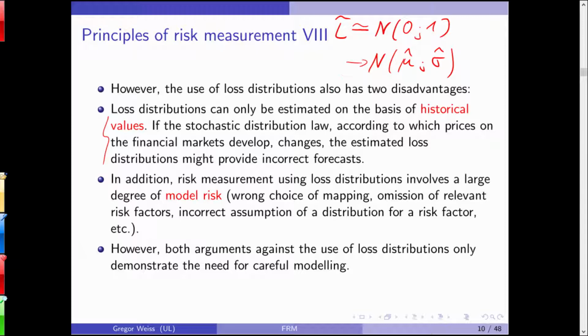If we say we have losses and those losses are normally distributed, this means that, first of all, the whole distribution family could be wrong. It's not a normal distribution, it's a T, or it's a Clayton, or it's an extreme value distribution. The parametric family is wrong.